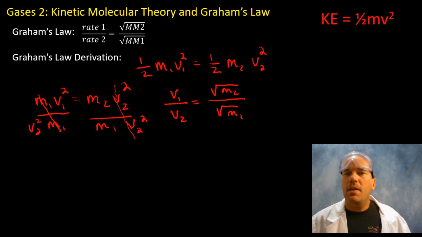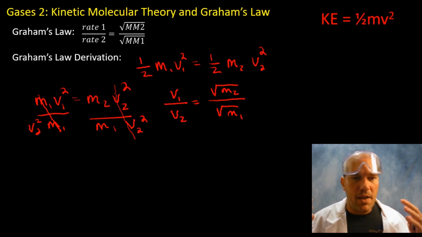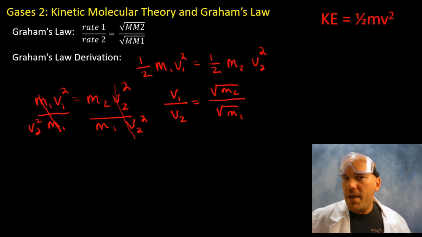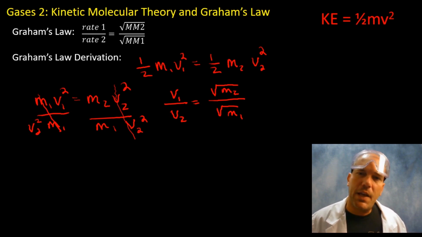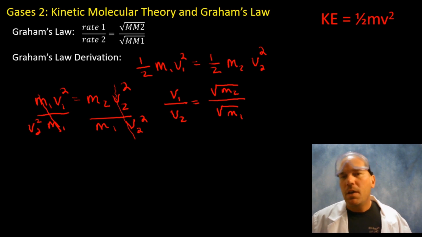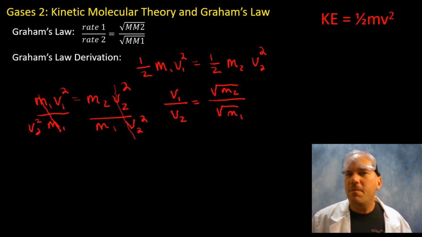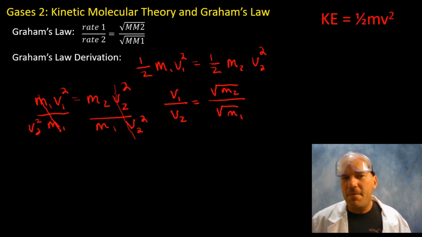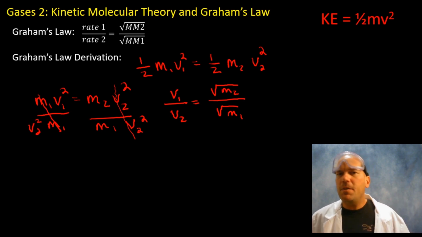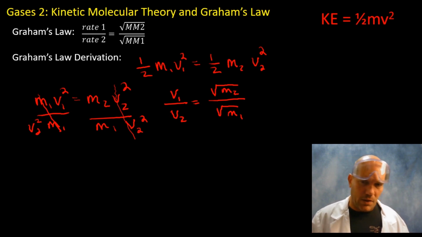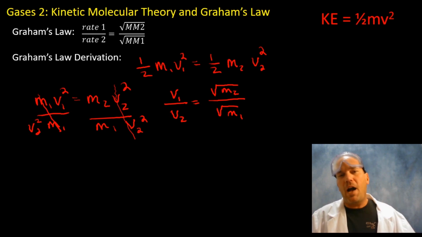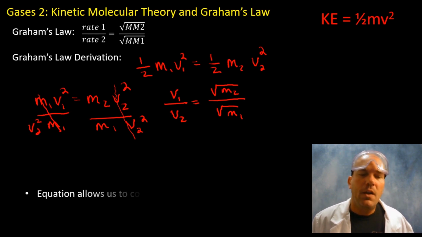So it's very important to me, anytime you have a new expression or equation, that you understand where it comes from. We're going to do lots of derivations next year in AP Physics, but this comes from the fact that the kinetic energies are the same, so we can set them equal to derive Graham's law.